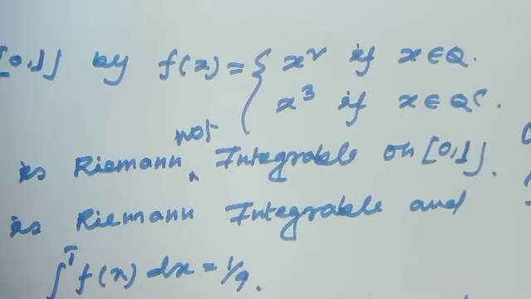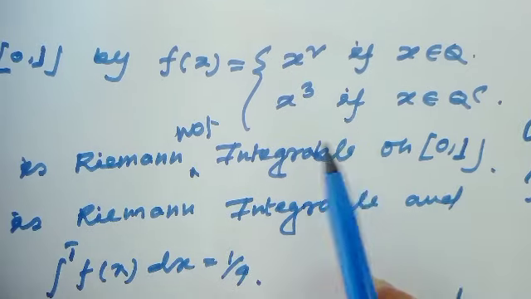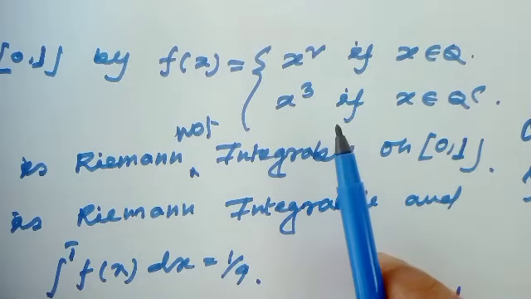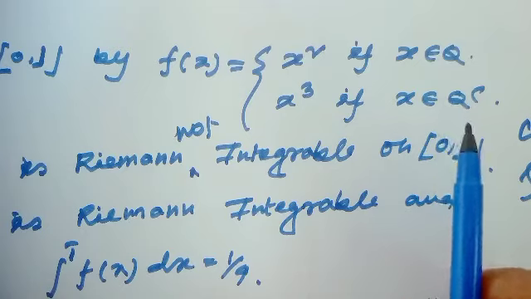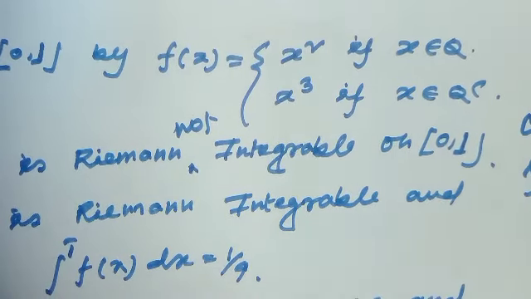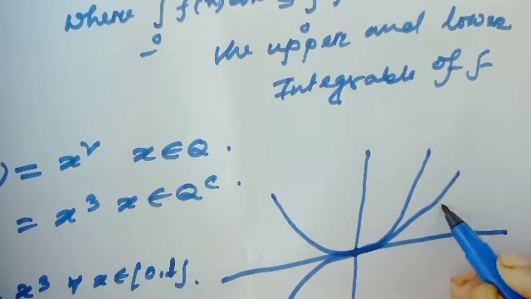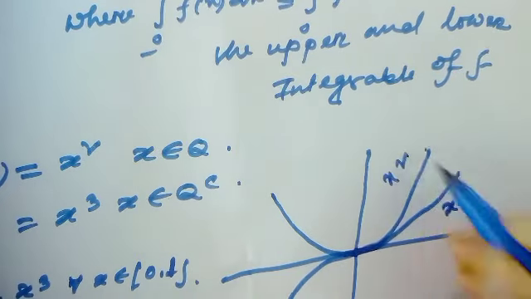This question is similar to the type of question which I defined a few minutes ago: fx equal to x on rational numbers and fx equal to x square on irrational numbers, but here just the function is different. Here this is the picture, this function is x cube and this is x square.